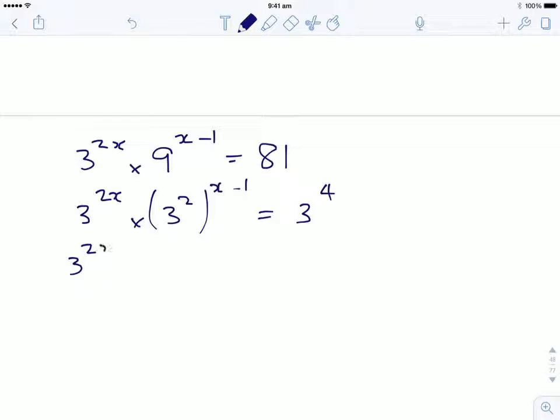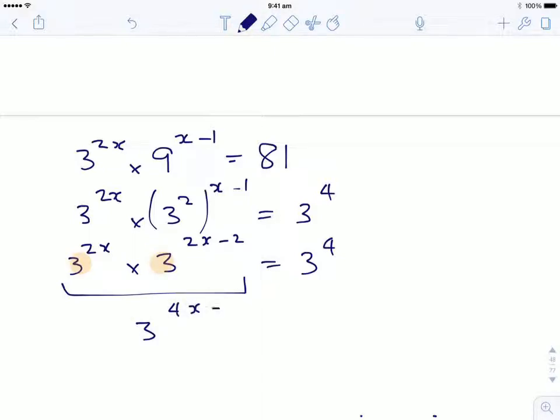Okay, so 3 to the 2x, power to a power, multiply here, we've got 3 to the 2x minus 2, and over on the right 3 to the power of 4. Okay, the index laws: on the left hand side, the bases are the same, so we can add the indices. So this is 3 to the power of 4x minus 2.